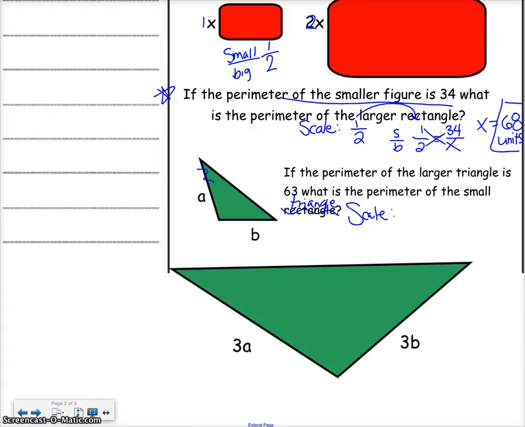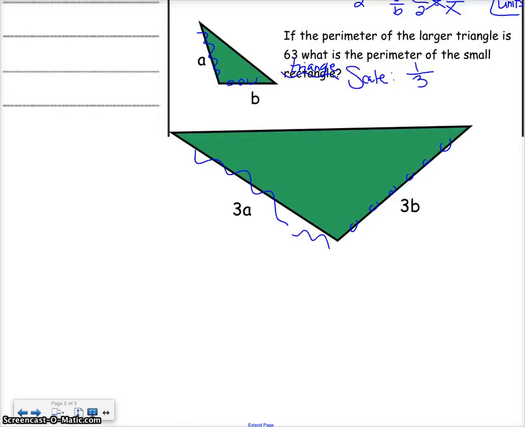So here I have 1a is to 3a. 1b is to 3b. So my scale factor is 1 small goes to 3 big. And then I apply my scale factor to figure out the missing perimeter. So I want to know what is the perimeter of my smaller triangle.